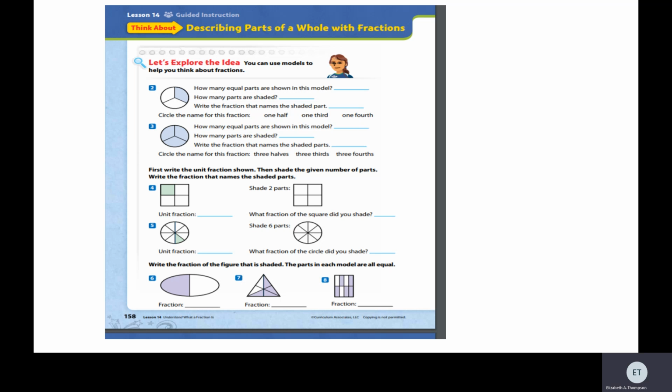It's 1/6 is that triangle. Draw what 3/6 of the shape might look like. It's okay if your shapes aren't drawn precisely, as long as I can tell what you were looking for.